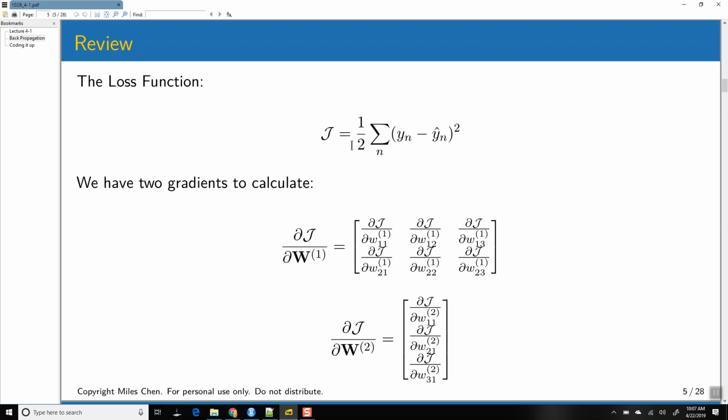In the homework, I gave some sample answers, and to get your answers to line up with the sample answers I have, you can leave in the 2 over n constant. But at the end of the day, for some of these loss functions, whether you're trying to optimize the sum of squared errors or the mean squared error, which is the difference between the 1 over n factor and not, the values that optimize the sum of squared error will be the same values that optimize the mean squared error.